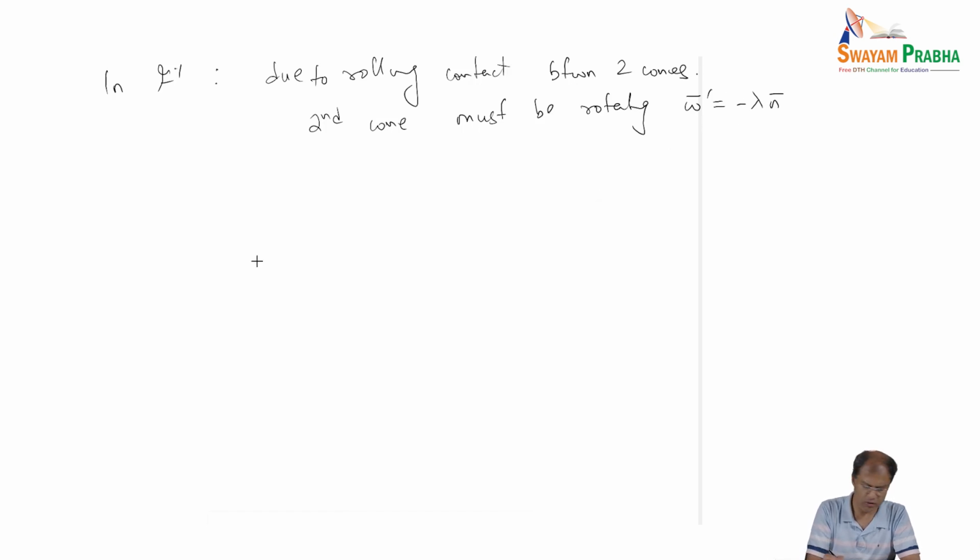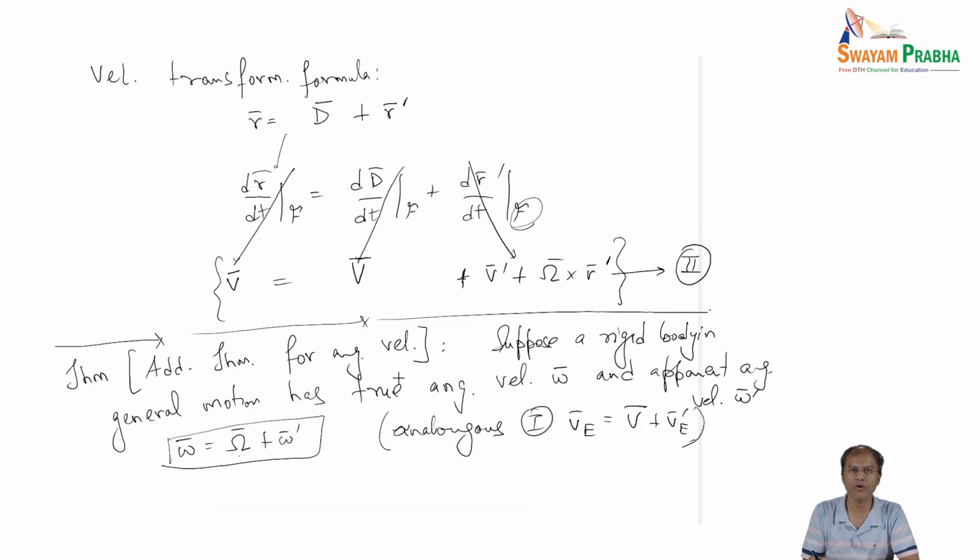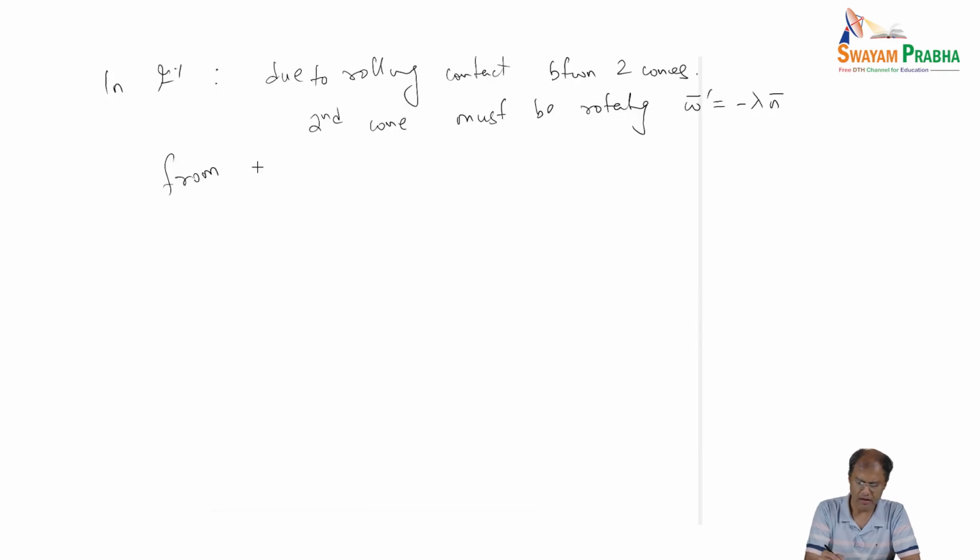Which means now, using our relation 3, from the theorem that we just stated, the addition theorem for angular velocity, we see that our net angular velocity is omega prime plus omega, right?